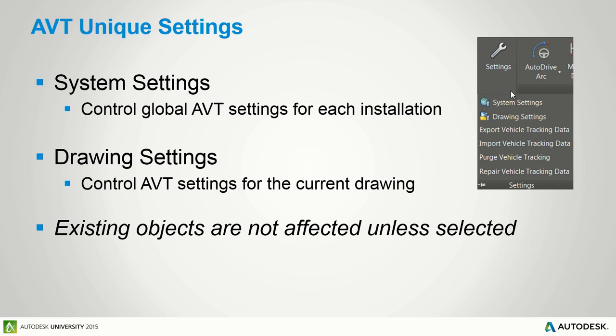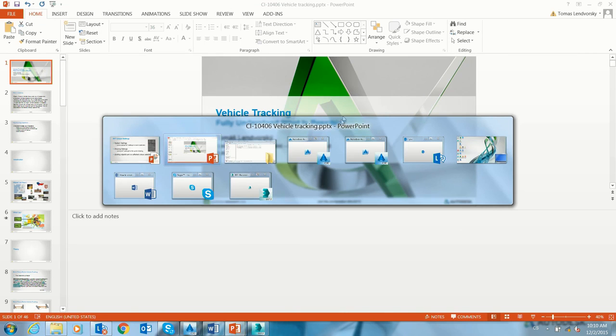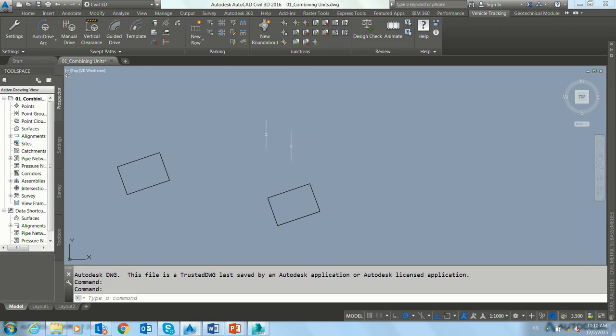So maybe time to switch a little bit. After installation of vehicle tracking, you have new ribbons, and I will mostly be using these ribbons which are related to vehicle tracking, on top of Civil 3D, just so that you understand.